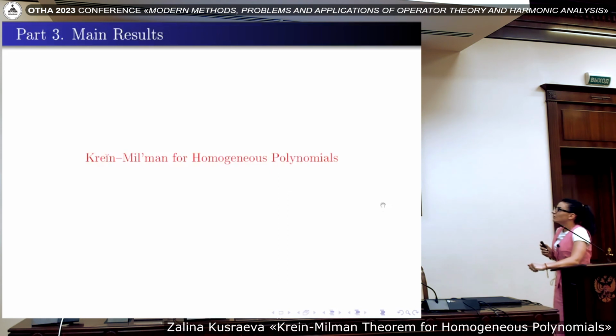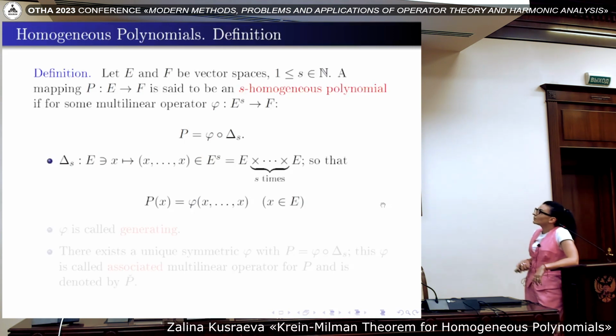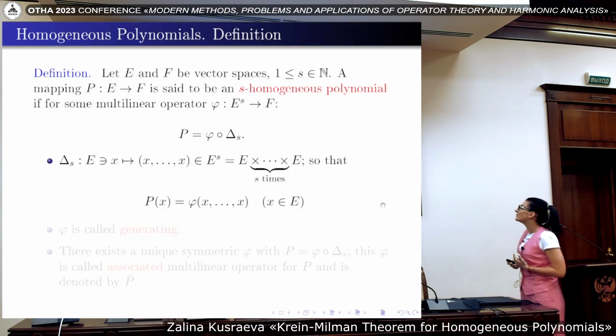And now the main result, it is the Krein-Milman theorem for homogeneous polynomials. First I have to define the notion of homogeneous polynomial. So let us consider two vector spaces.